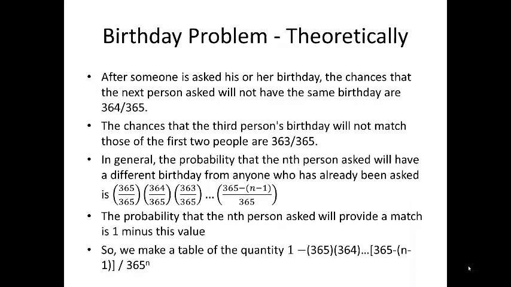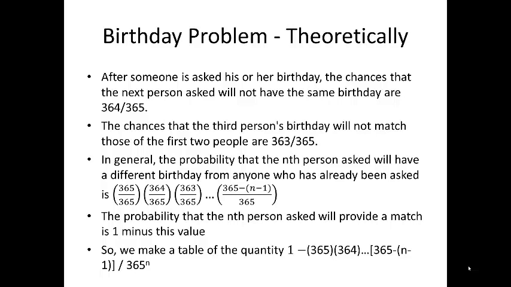So, theoretically, after someone has asked his or her birthday, the chances the next person asked will not have the same birthday are 364 out of 365. The chances that the third person's birthday will not match those of the first 2 are 363 out of 365. The chances of 2 successive independent events occurring is the product of the probability of the separate events, as you may remember from 141.